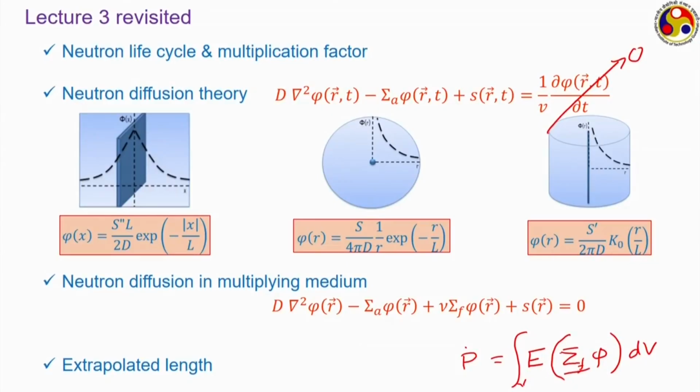Now, sigma f is something that is quite standard. As per the definition, capital sigma f is equal to the nuclear density multiplied by the microscopic cross section.